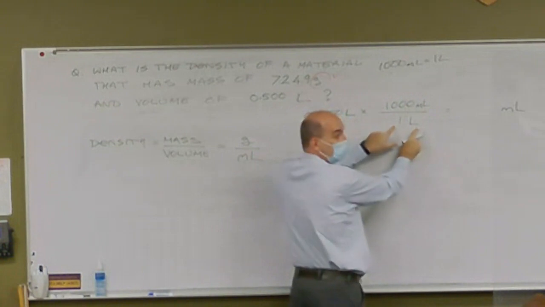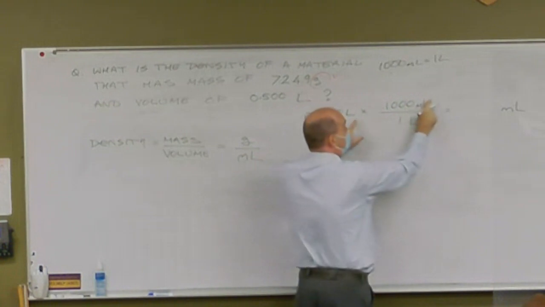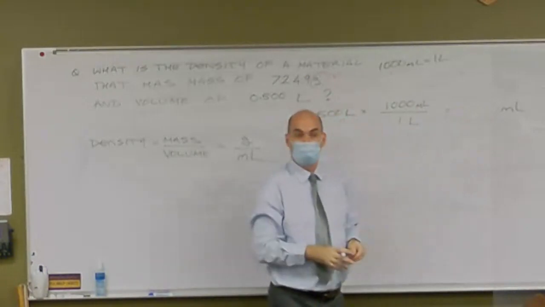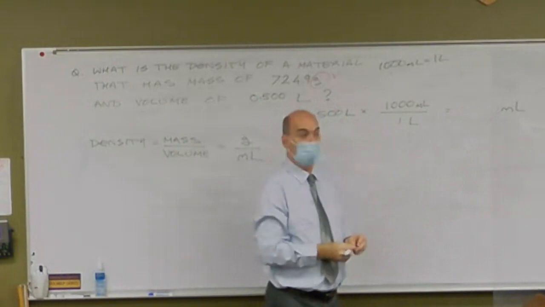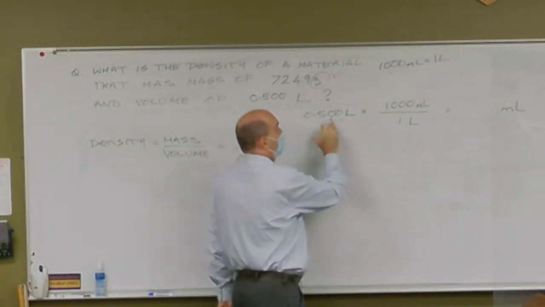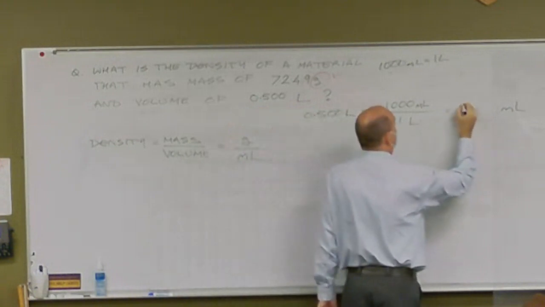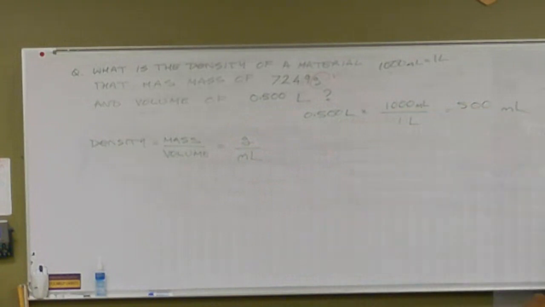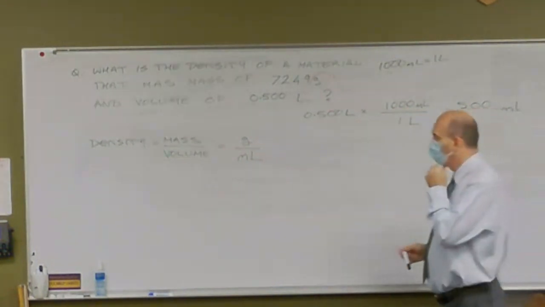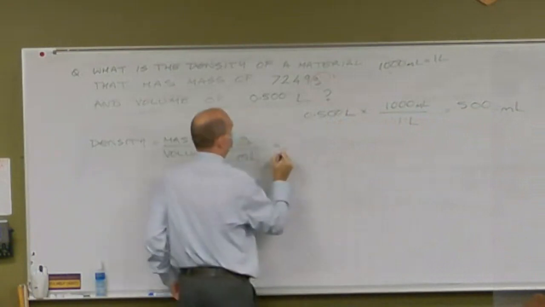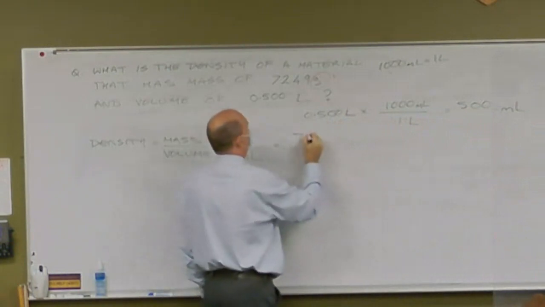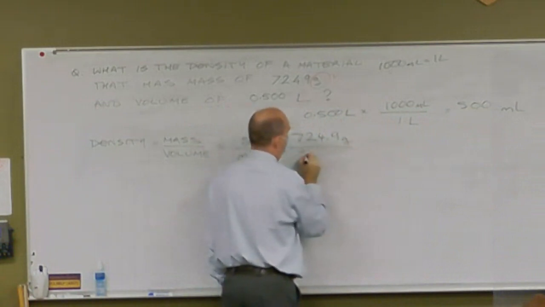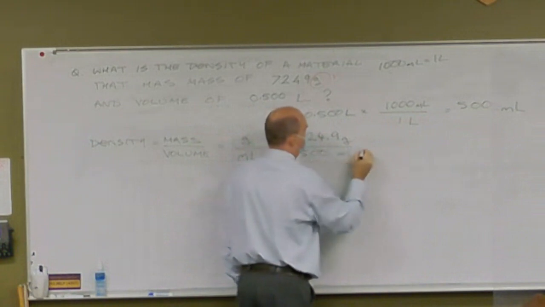That's my conversion factor. The milliliters stay on top, and the liters cancel each other out. I'm going to multiply 0.5 times 1,000 is 500. I have 724.9 grams divided by 500 milliliters.